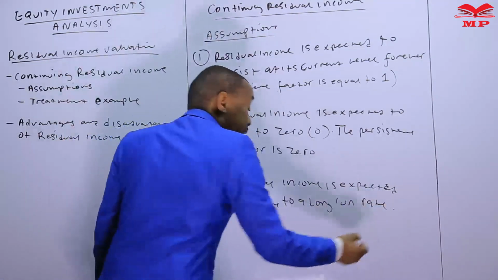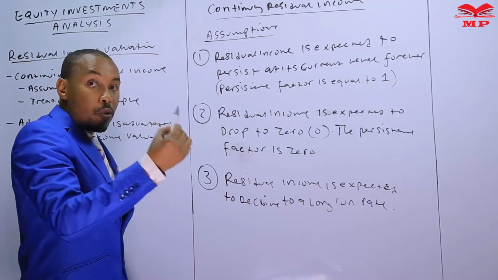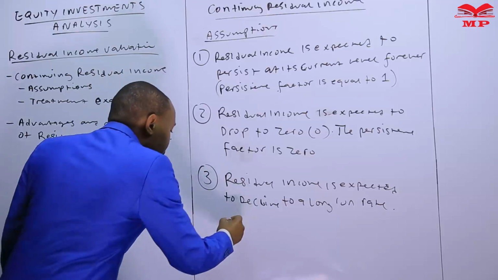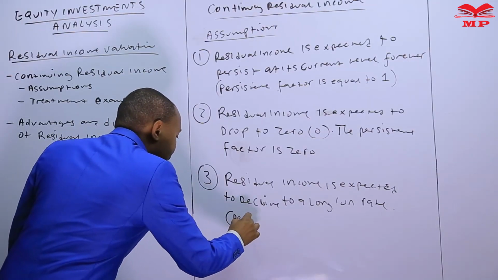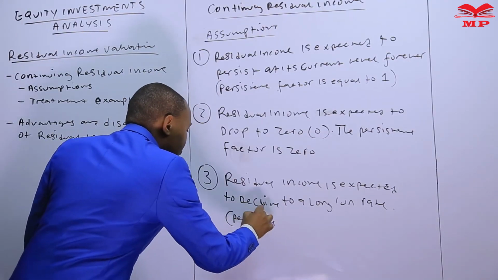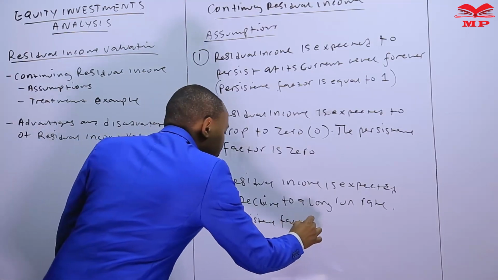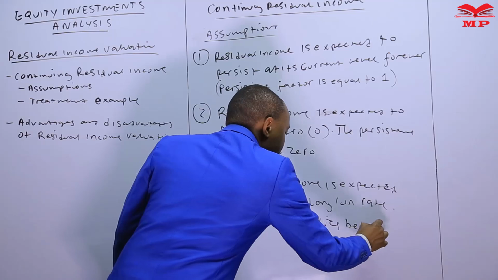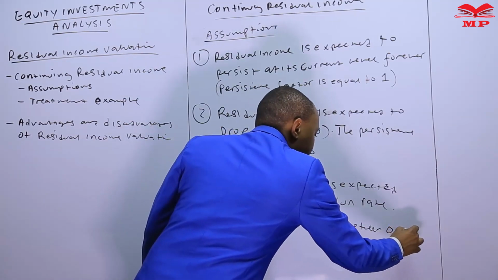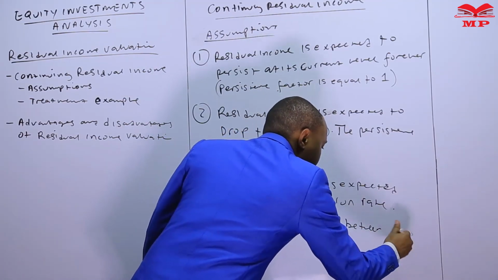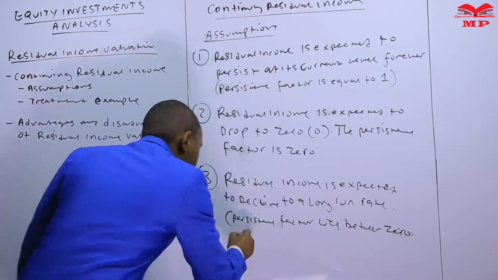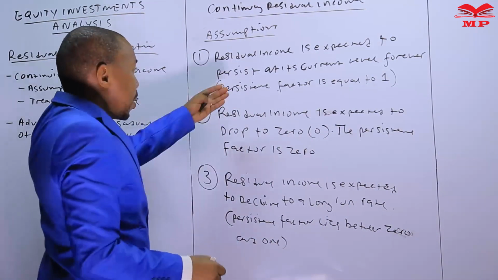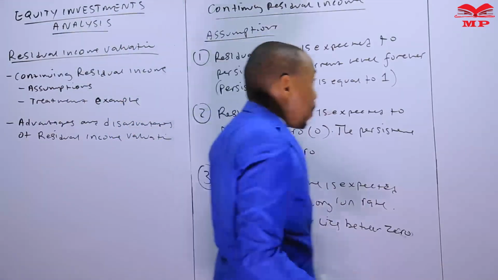In this case, we are saying the persistence factor will lie between 0 and 1. We will be able to look at an example to apply this.